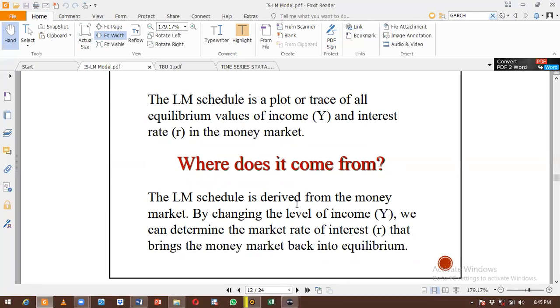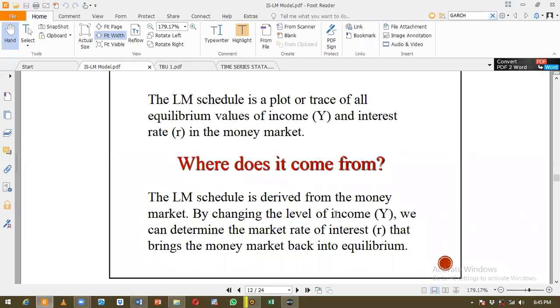By buying bonds. As they buy bonds, the price of bonds will fall and the interest rate will go up. So whenever there's an increase in the level of income, the interest rate must rise to restore equilibrium. When we join the various changes in income and the corresponding interest rate, that gives us the LM schedule.